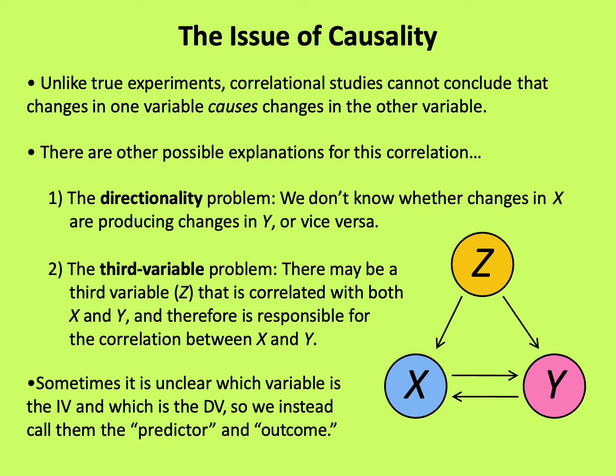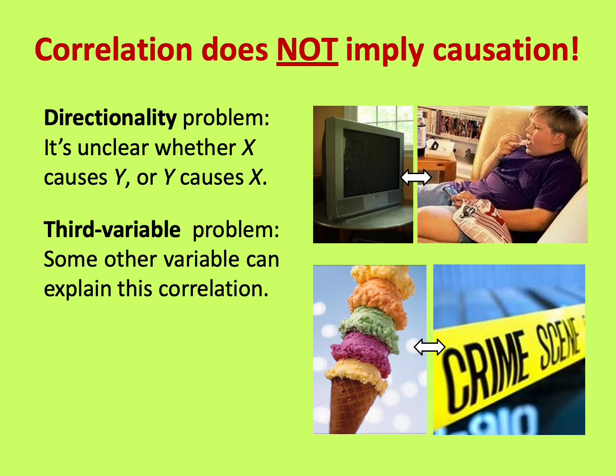So let me show you some classic examples that illustrate the directionality problem and the third variable problem, right? So again, the directionality problem is it's unclear whether X causes Y or Y causes X, right? So we know that there is a positive correlation between obesity and watching television, right? But we don't know on the basis of this relationship if watching television causes obesity or if obesity causes an increased consumption of television, right?